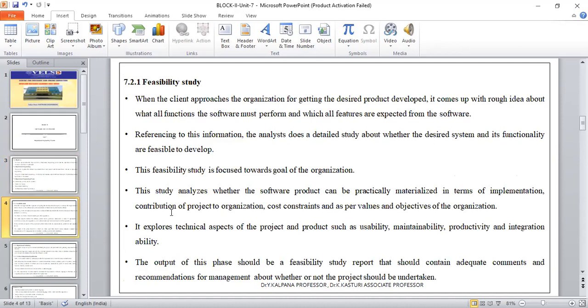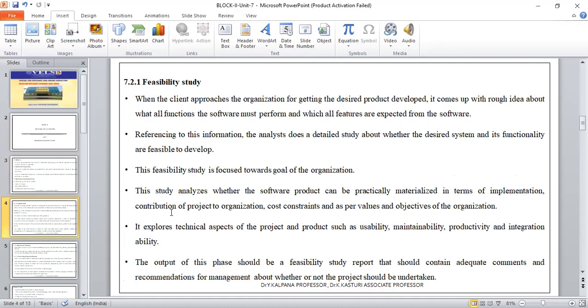What is the feasibility study? Whenever we are going to develop a software, we will check the feasibility: technical feasibility, economical feasibility, and operational feasibility. Whether the software is feasible enough from these three perspectives.